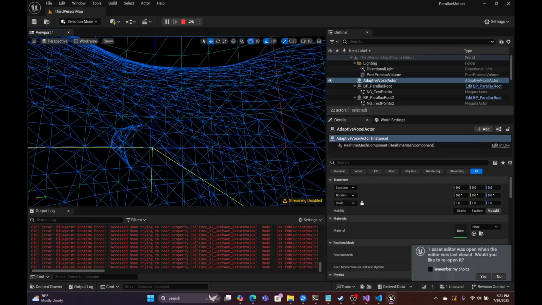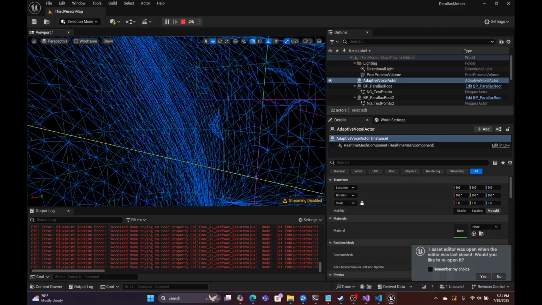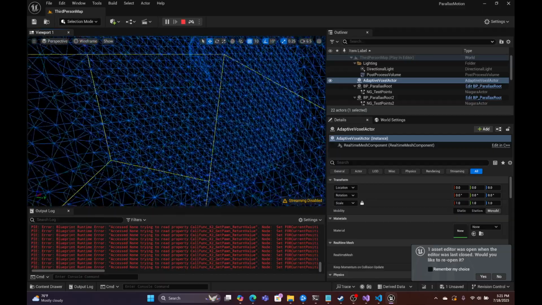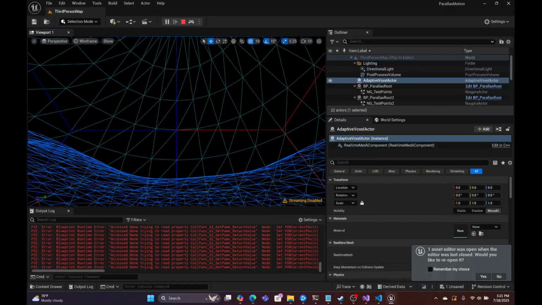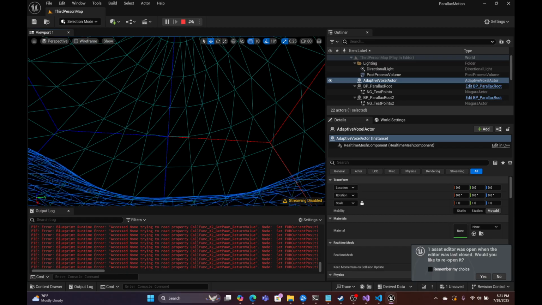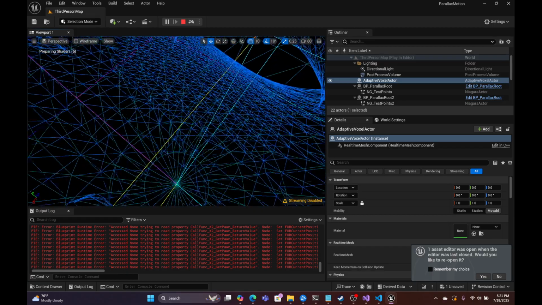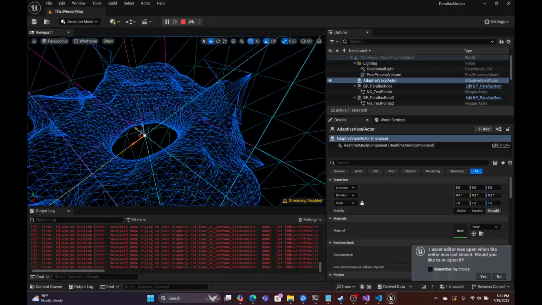It's just adaptive in real time. But this is a lot harder to scale up to planet sizes.